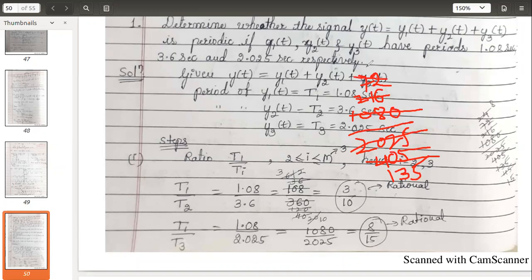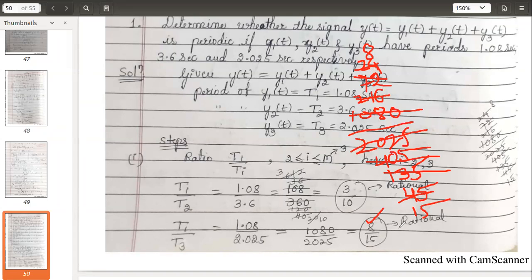Again divisible by 3. 24, 45. Then 24 and 45, 2 plus 4 is 6, 4 plus 5 is 9. Yes, again it is divisible by 3. 8, 3 8s are 24, 3 1s are 3, 3 5s are 15. Further it is not divisible. 8 by 15 I got. 8 by 15 ratio.